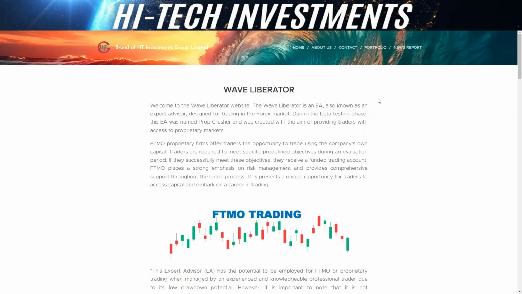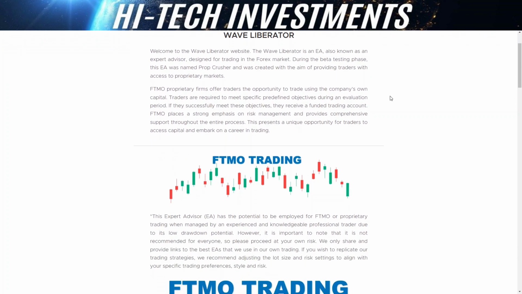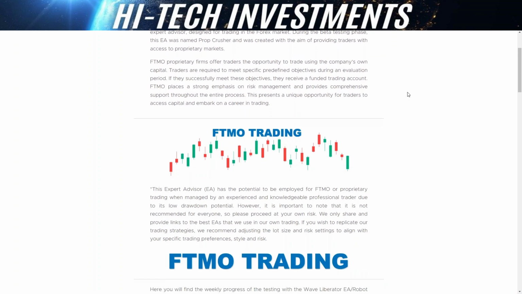It was created to aim for traders to access the proprietary market. But as the testing went along, we figured out this is actually quite difficult to obtain. Within the parameters, even though there's no time limitation anymore, most of the drawdowns is still maximized at 5%, and that can be difficult enough to work within.